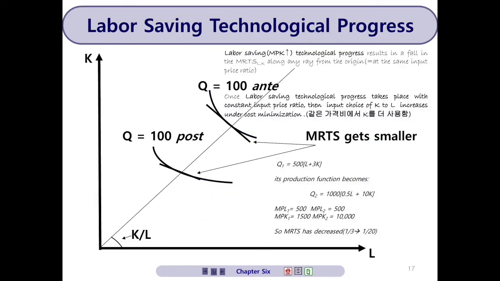Now, I want to talk about labor-saving technological progress. It will be different from neutral technological progress. 100 units of output before is the same as another 100 units of output after the change, which is post. But as you can see, at the same ray from the origin, the absolute value of the tangency becomes different.